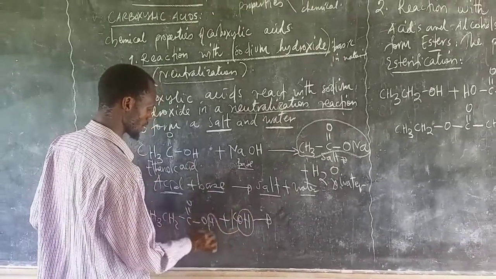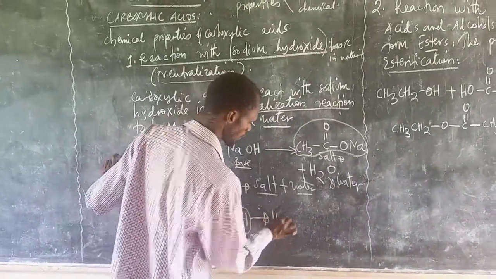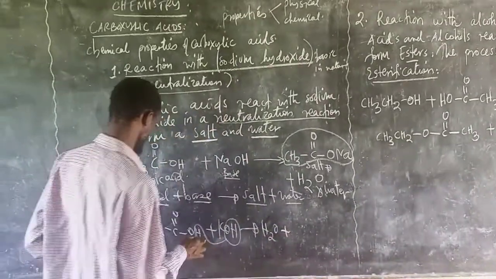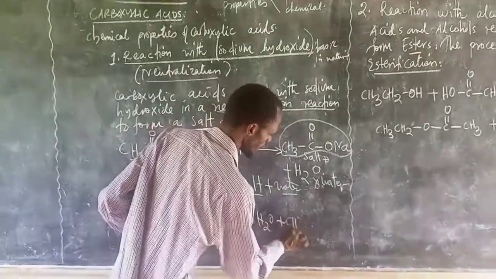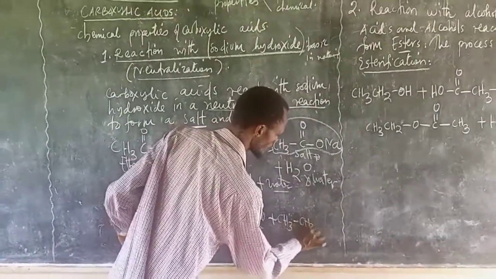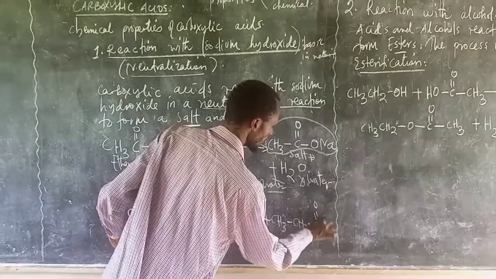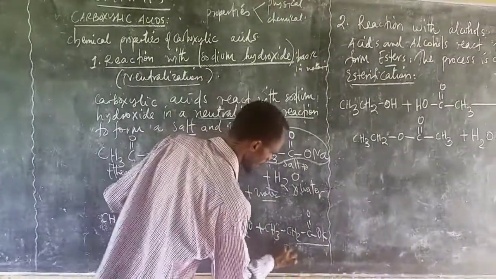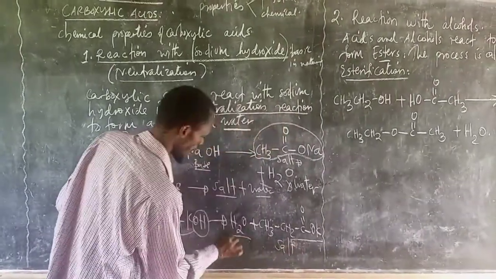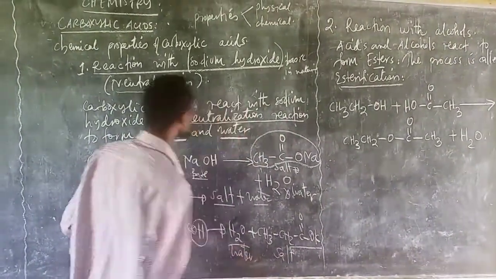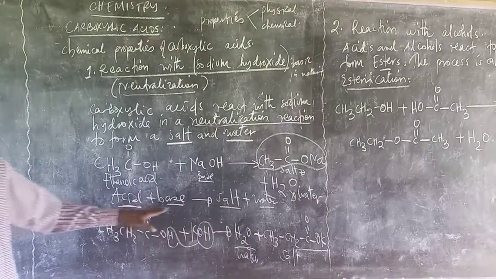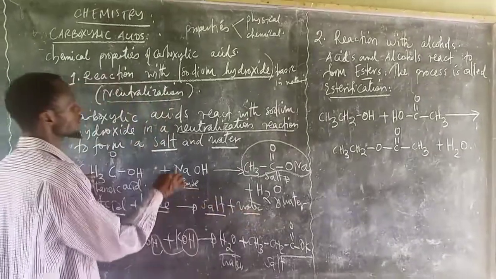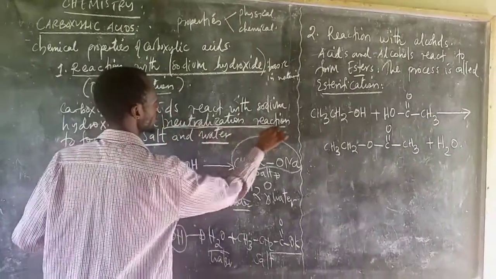This will get together with this hydrogen to form water, plus potassium propanoate, that is CH3, CH2, then this one, then this is potassium. This is how it is done. So this is the salt, and this is the water. So the reaction between acid and base is all about production of salt and water. And this reaction is called the neutralization reaction.